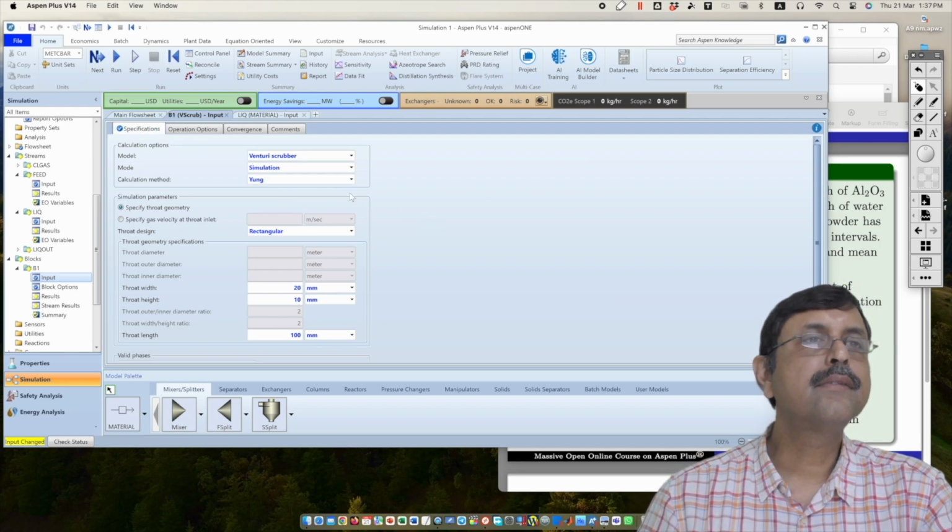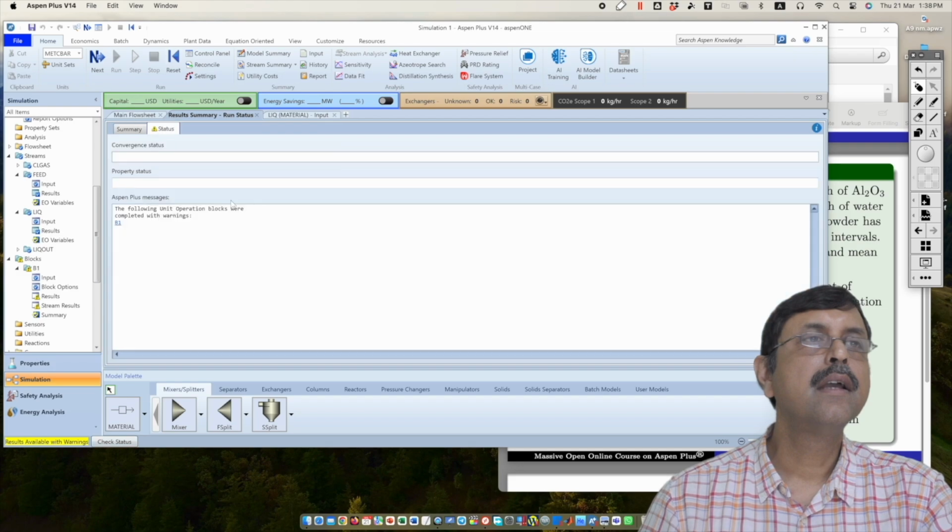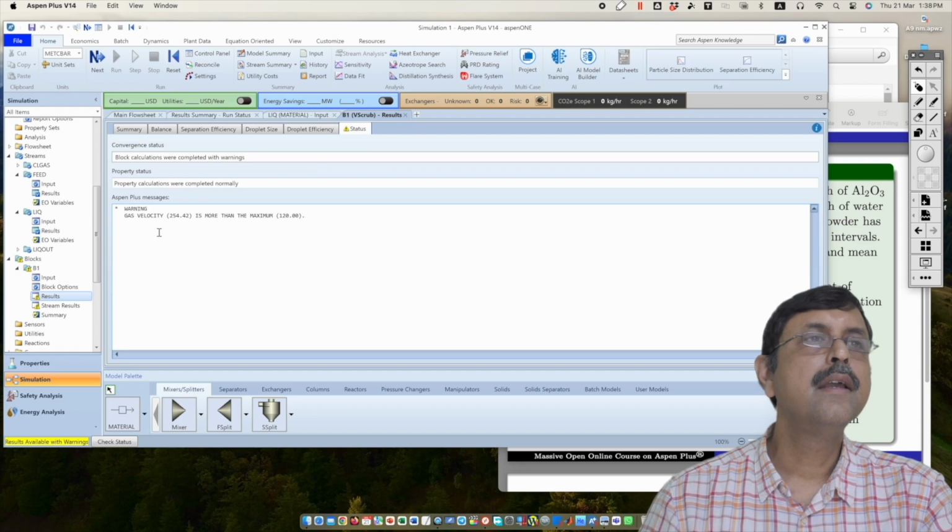So let us run this system and we find results available with warning. So what is the issue? Let us go back and check over here. It says the gas velocity is more than maximum.